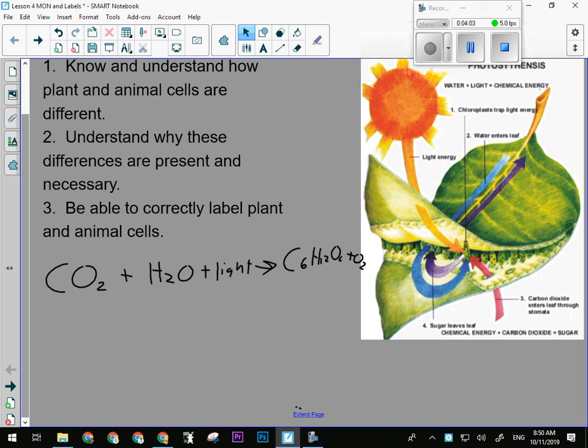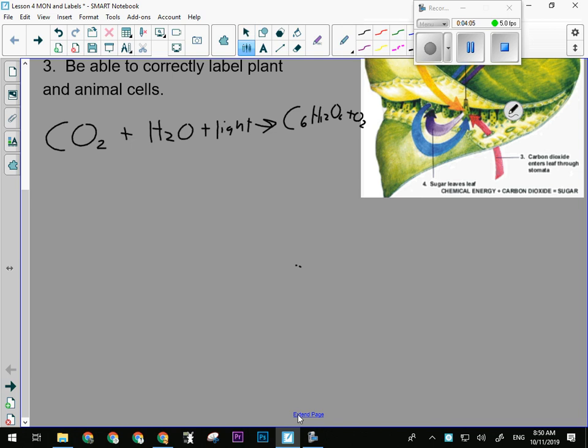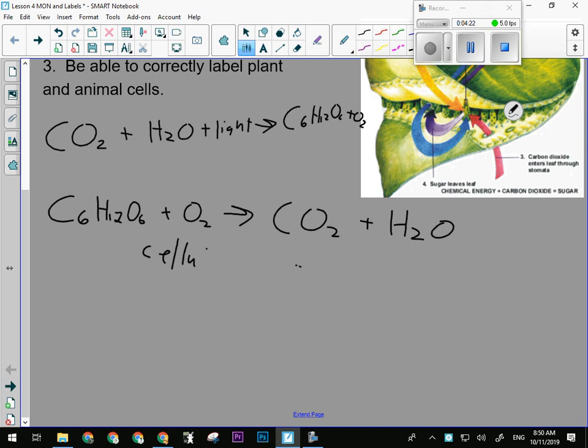So the opposite reaction is this one. Glucose, C6H12O6, plus oxygen gives carbon dioxide and water. This reaction is cellular respiration.